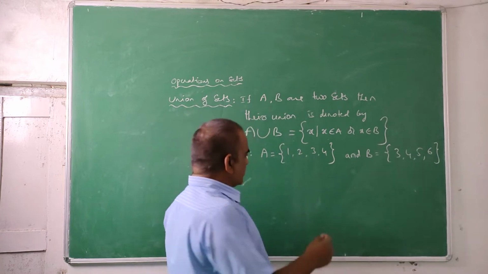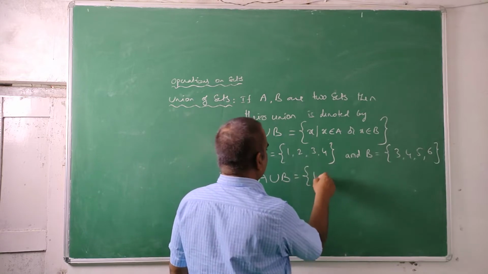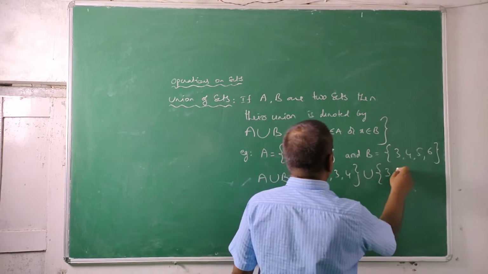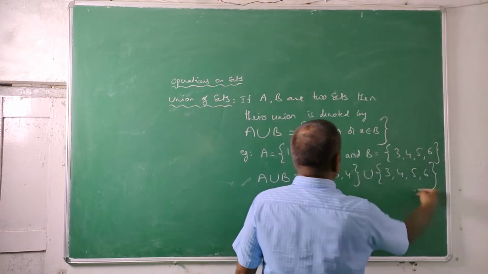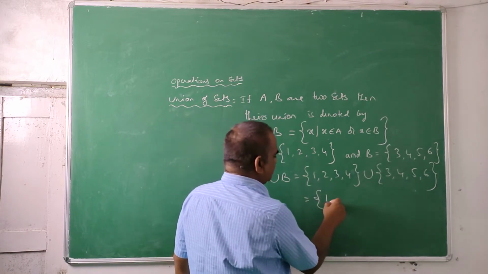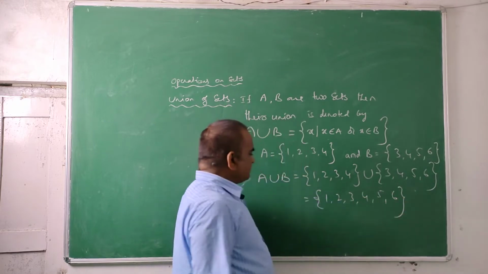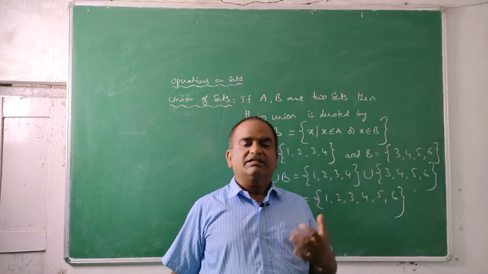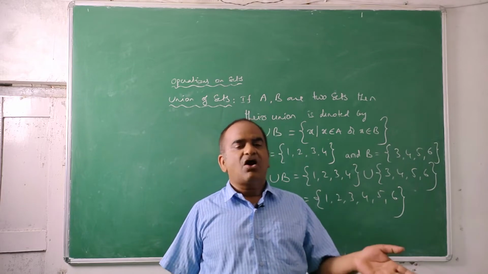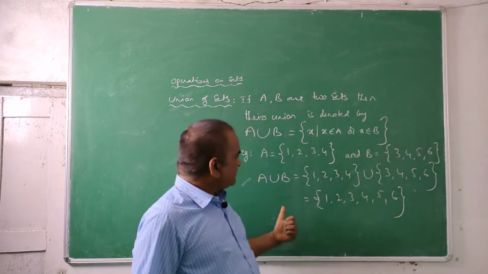Then their union, A union B, is 1, 2, 3, 4 union 3, 4, 5, 6, which is nothing but 1, 2, 3, 4, 5, 6. So in union, you have to collect such elements which are present either in A or in B or in both. That comes in union. This is about union.